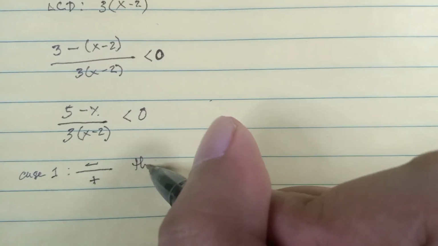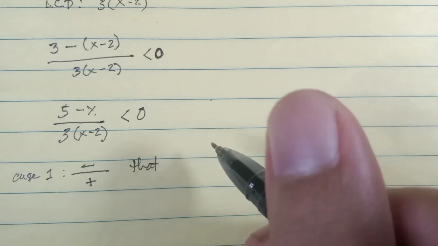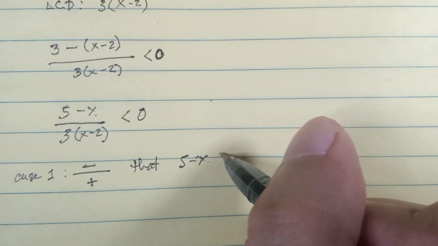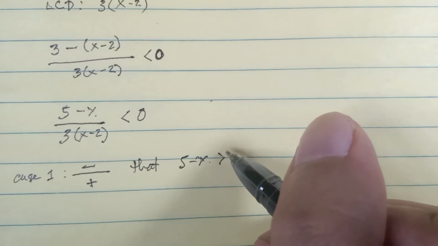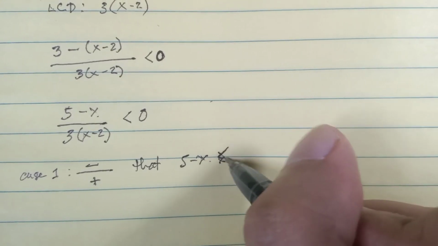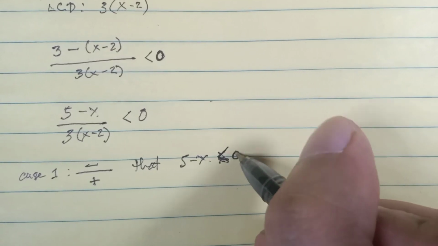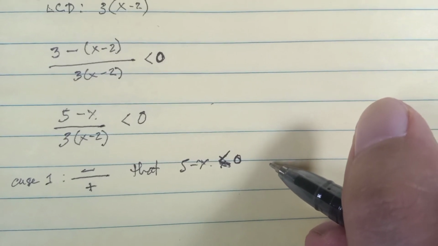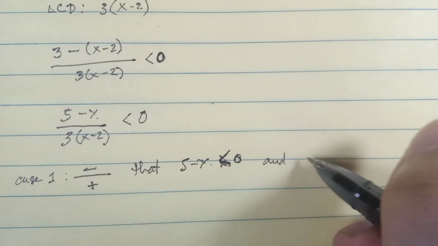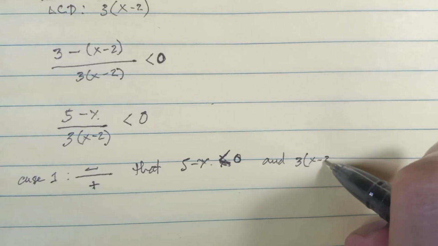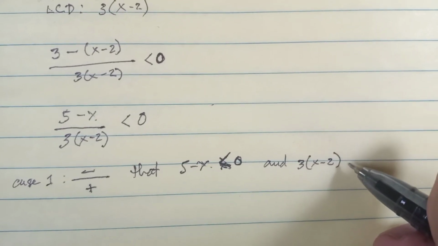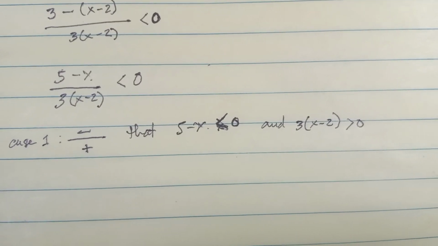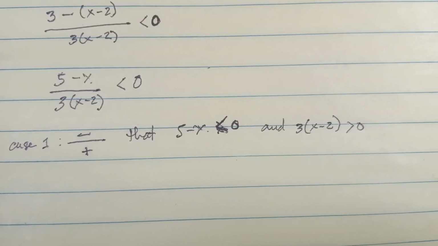So if that is negative, we can say 5 minus x is lesser than 0, and 3 times x minus 2 is greater than 0. So let's try to solve these two inequalities.